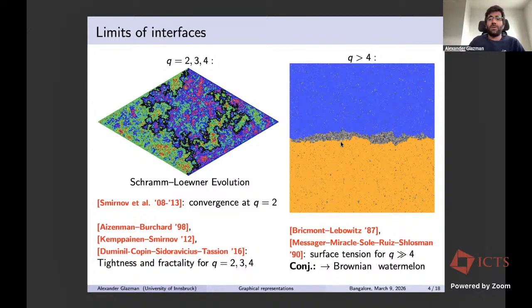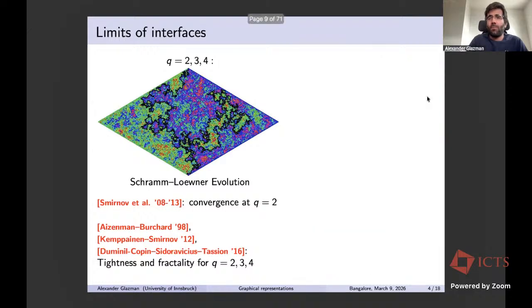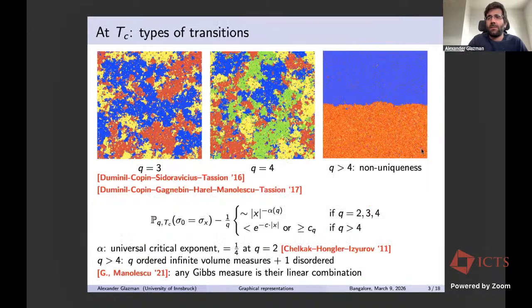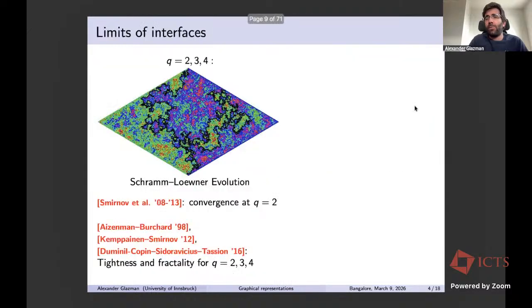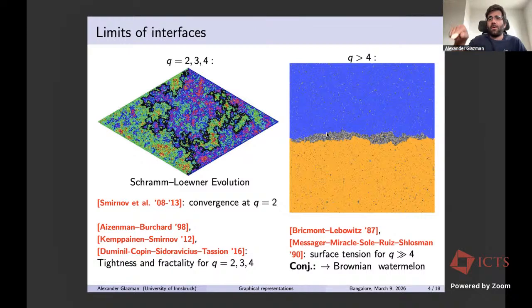If you put the conditions blue and free as on the previous slide, maybe I'll quickly go back. Sorry about this. Like here, the interface should behave like a Brownian bridge. And if you put the conditions which are both monochromatic colors, so it's blue and yellow below, then you should see, in fact, two Brownian bridges.